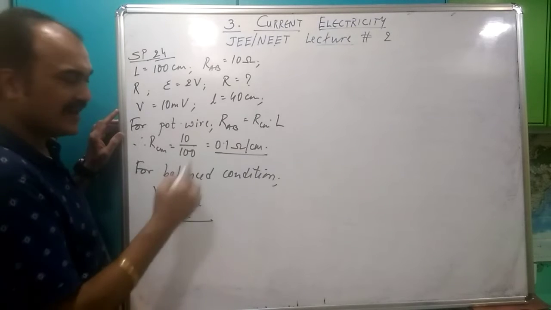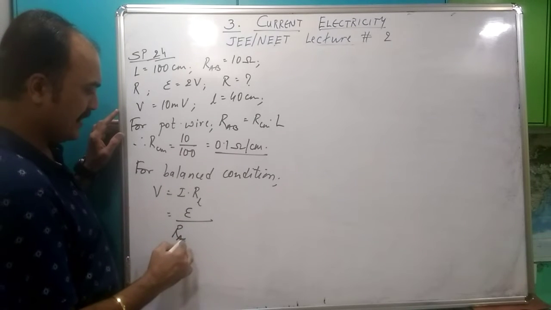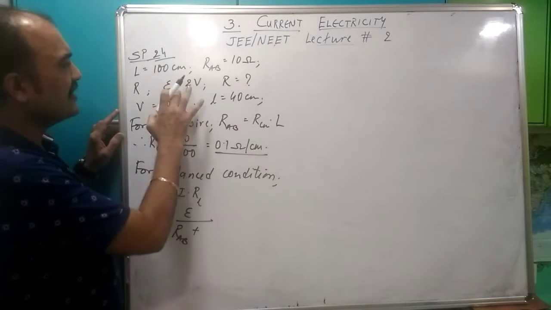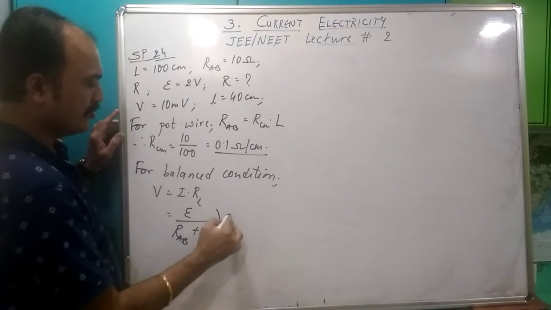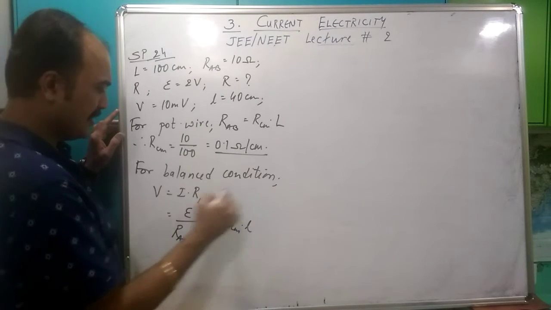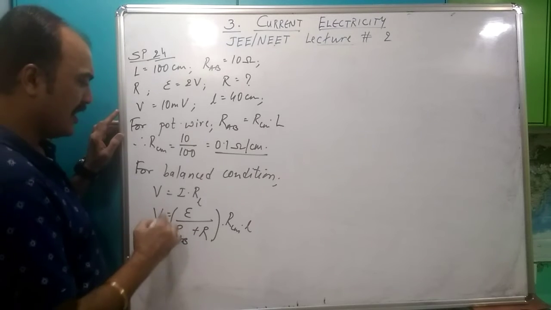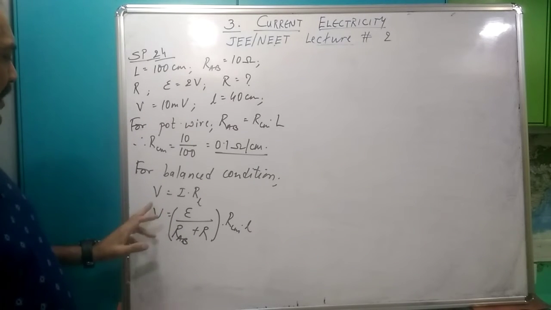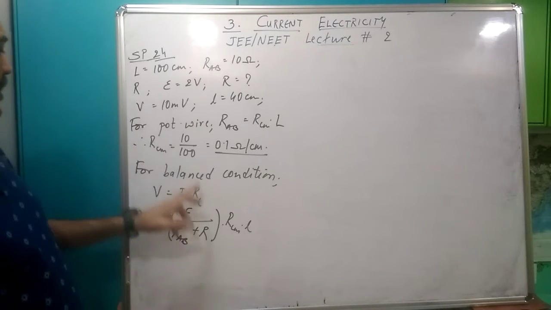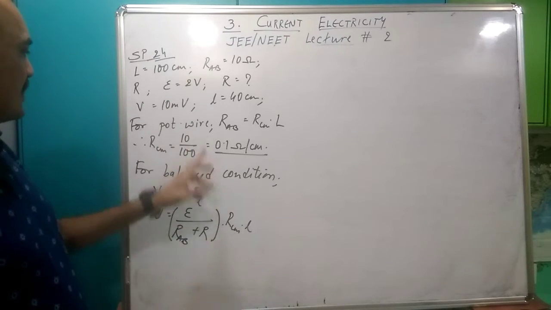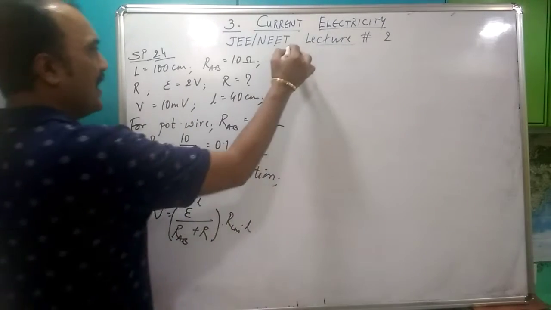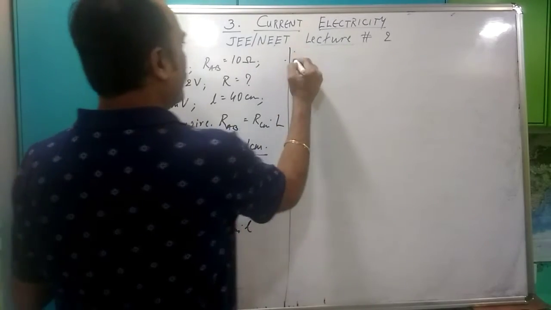Now, I is what? Epsilon over the total resistance. First is AB, whose internal resistance is negligible, and then this R, and the whole into R per cm into length L. Oh, I think I have all the factors. I have V, I have epsilon, I have RAB, R to find, R per cm, and length L as well. I think it should be a cakewalk.